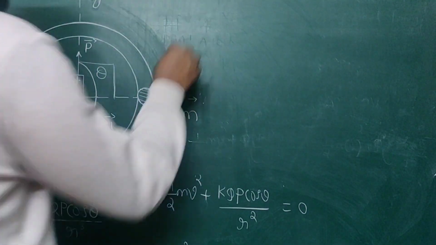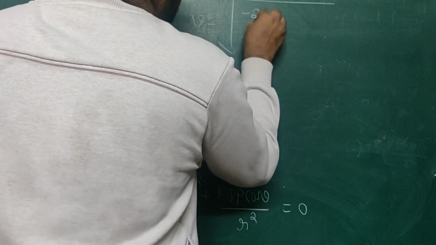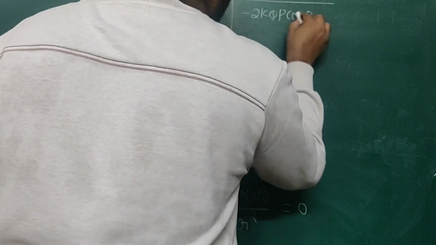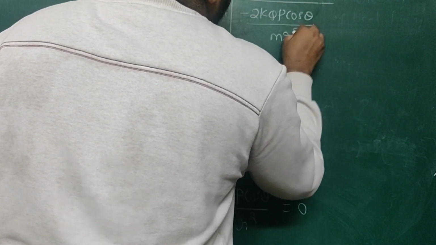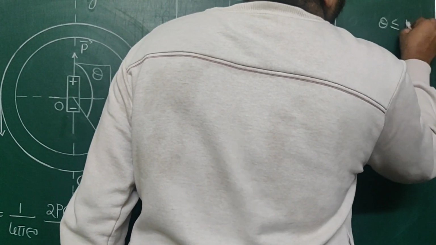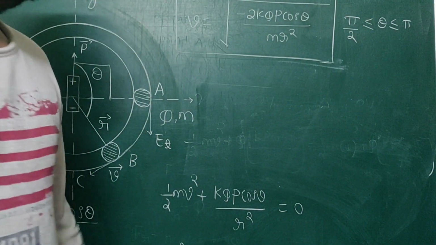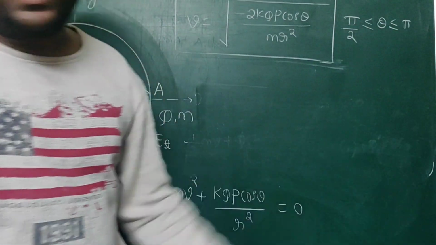So V equals square root of minus 2kqp cos theta by m r square, where the condition is theta is greater than or equal to 90 degree and smaller than or equal to 180 degree.